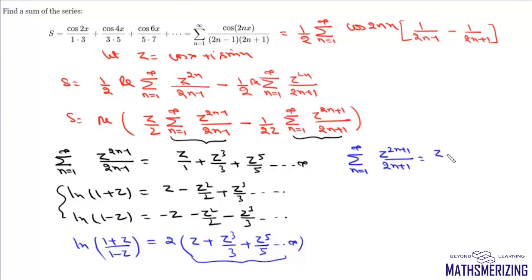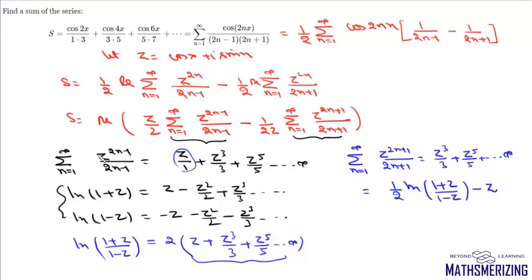This actually is z cube upon 3 plus z to the power 5 upon 5 up to infinity. So it is the same series except for the first part. So we know that this series will be 1 by 2 log (1 plus z upon 1 minus z) and then minus z.